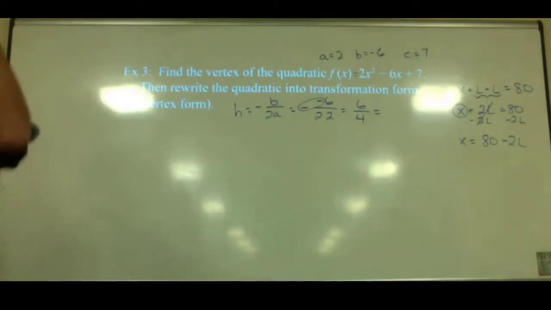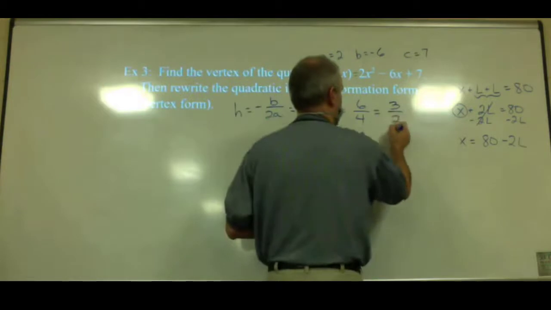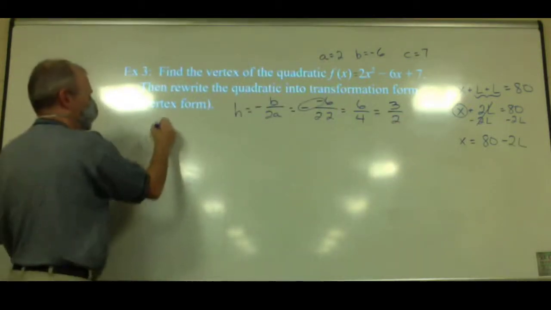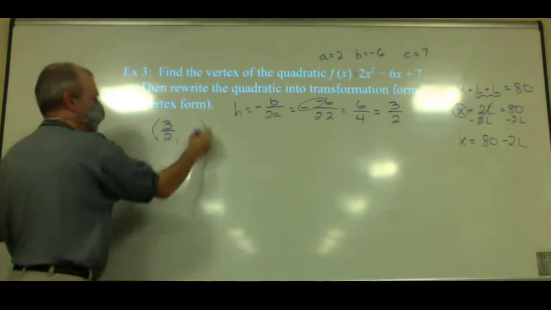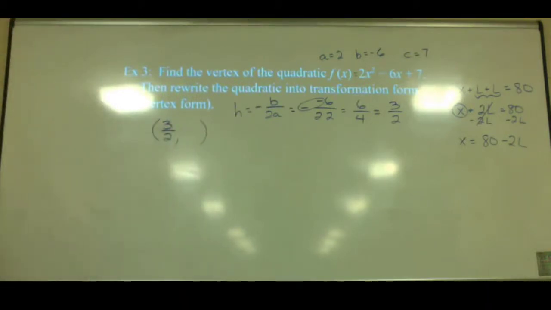So when we divide them both by 2, we get 3/2. Okay, so that's the h value. In other words, in our vertex, 3/2 is the h value. Now, I just mentioned earlier, once we know the h value, we just plug it in to find the k value.